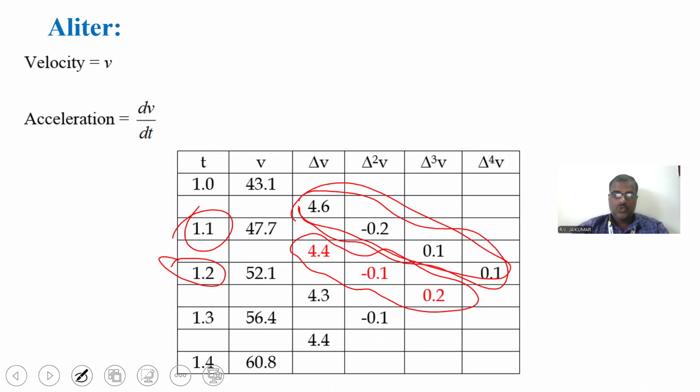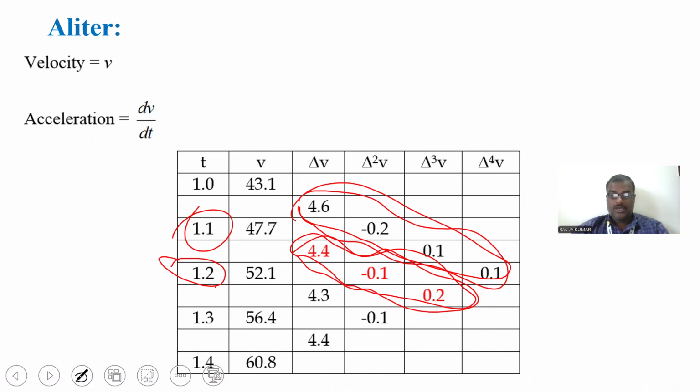If you use the usual forward difference formula, we can take the values of forward differences at x equal to some specific point. Suppose 1.1, you can choose the second one. If 1.2, you can choose the third element of each column. That's your choice. Both will give you a nearer answer.